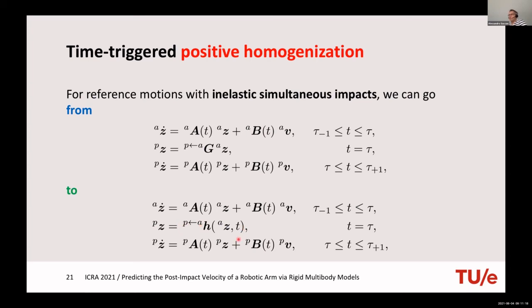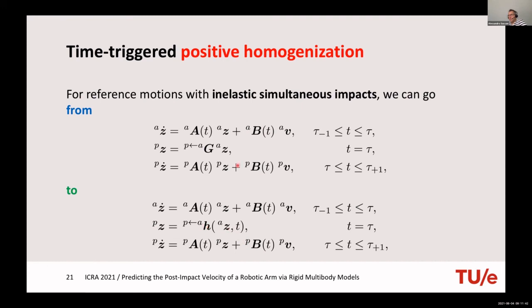And positive homogeneous means that essentially if I take this map and I evaluate, instead of on z, on lambda times z, where lambda is a scalar, as long as lambda is positive, then the result is going to be lambda times the same function evaluated at z. But it's not linear, because if lambda is not positive, that is not true anymore.